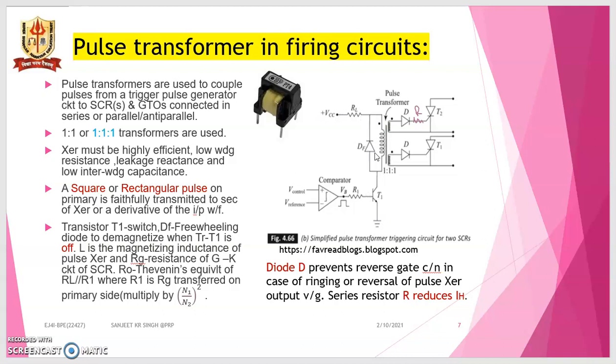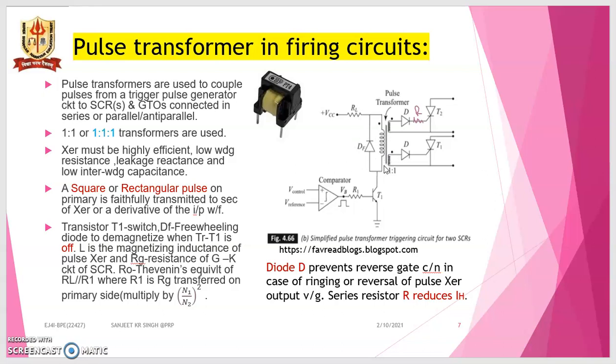There is a diode connected across this primary coil. This provides the path for the energy to dissipate when the transistor T1 is in the off state. When the transistor is off, the energy in the inductor or primary coil will decay through the freewheeling diode here.